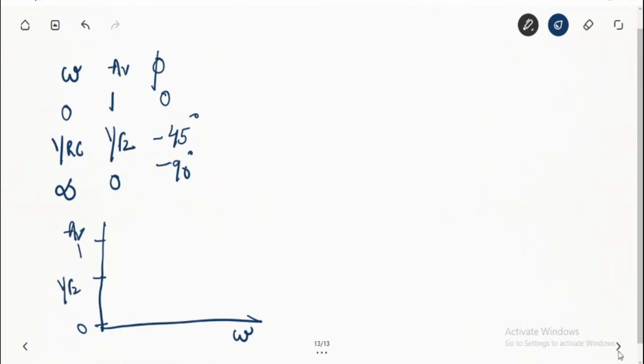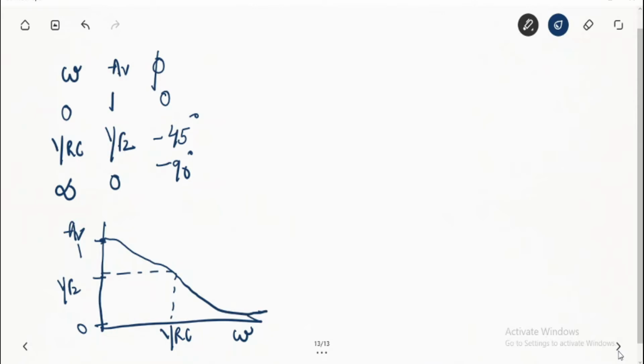Plot 1 by root 2 at 1 upon RC. At infinity you are getting again 0, which means at high frequency you get 0 gain, and when AV is 1, your omega is 0. So the graph will look just like that. Just trace it properly.